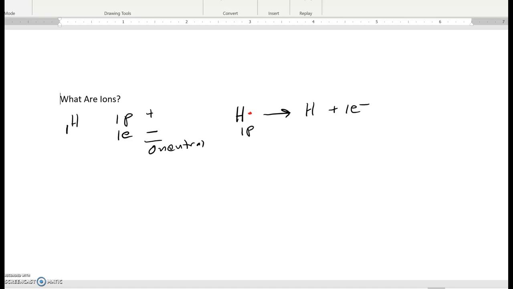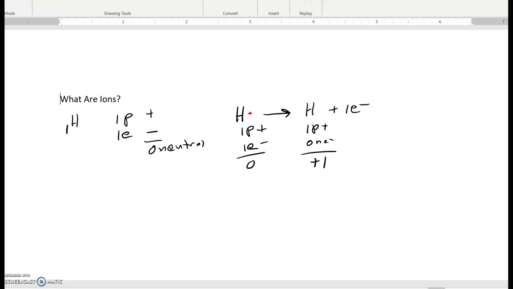Here, there's 1 proton, 1 electron. They add up to 0. Now we have 1 proton with its positive charge, no electrons. So this now adds up to a +1.